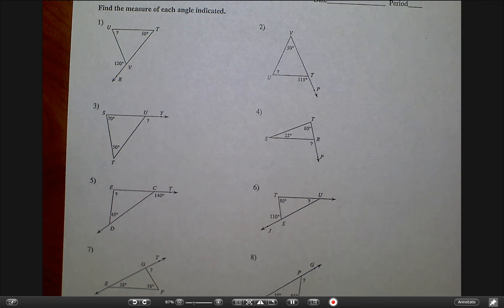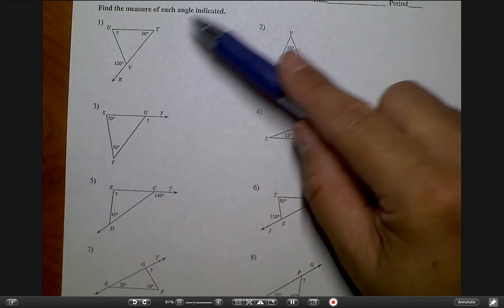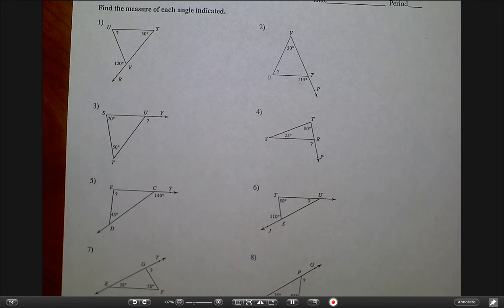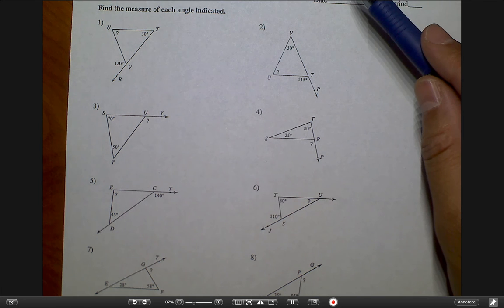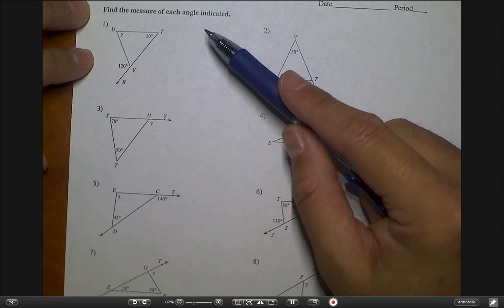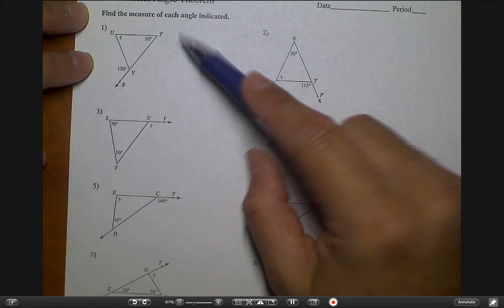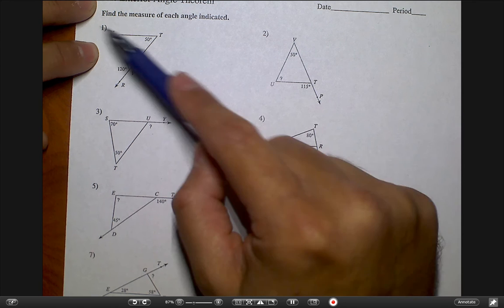So on number 1, everyone's looking at number 1 right now, please. So what angles are my remote interior? T and U. T is a remote interior, and U is the other one, right?